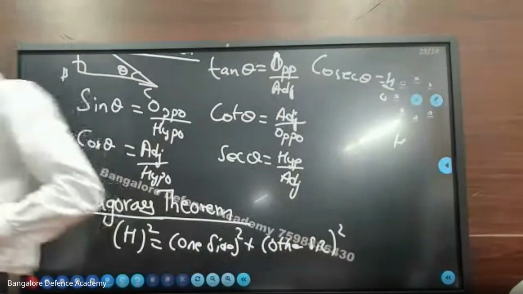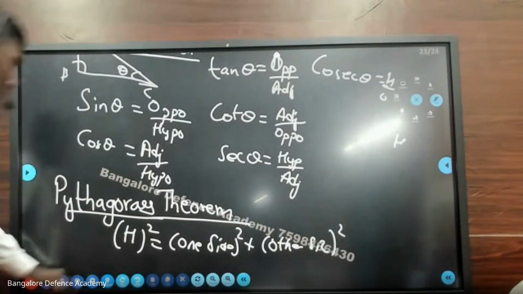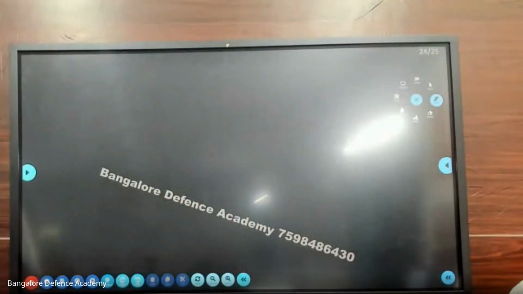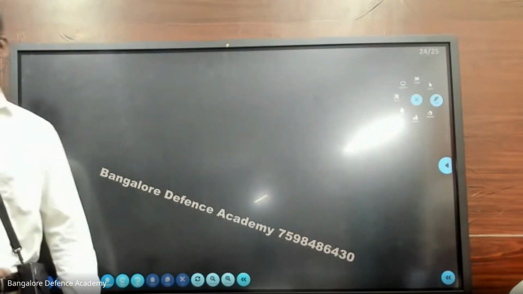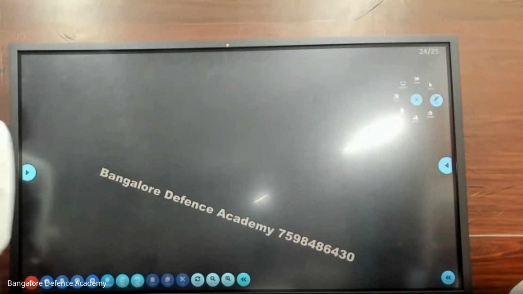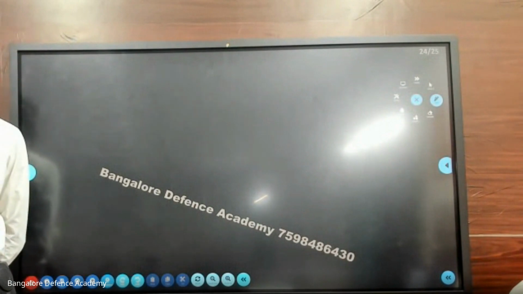Have you all written the formula of sine cos tan? What is the value of sine theta? Opposite by hypotenuse. Next, cos theta. Adjacent by hypotenuse. Parmesh, बताओ tan का. Opposite by adjacent.